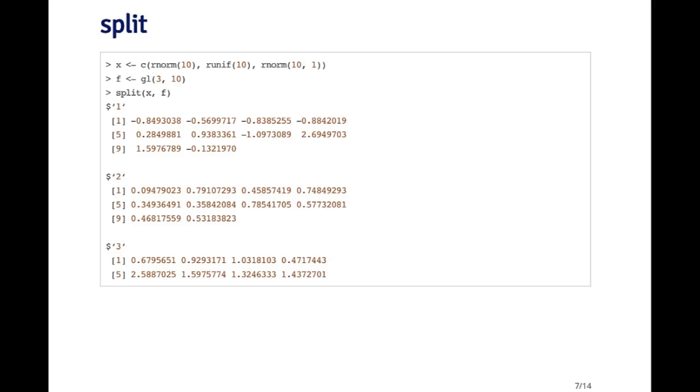So now you can see when I split the x vector, I get a list back, and the first element is 10 normals, the second element is 10 uniforms, and the third element, which gets a little cut off here, is 10 normals again. So that's what the split function does. Split always returns a list back, and so if you want to do something with this list, you can use lapply or sapply.